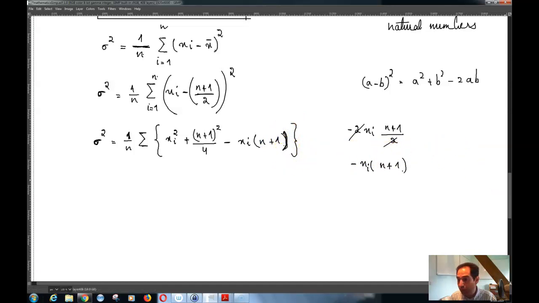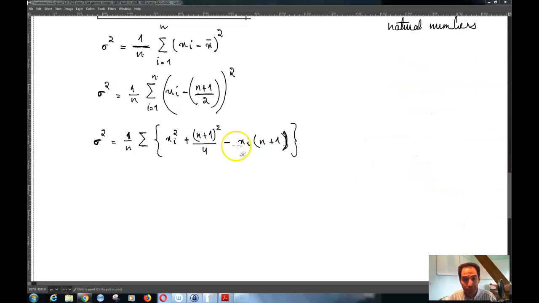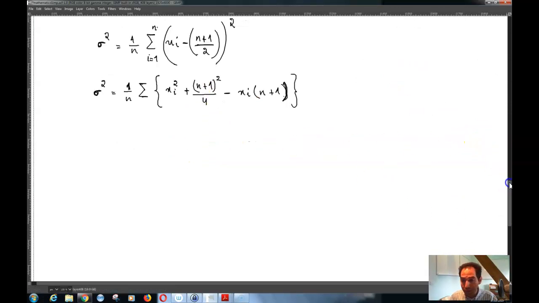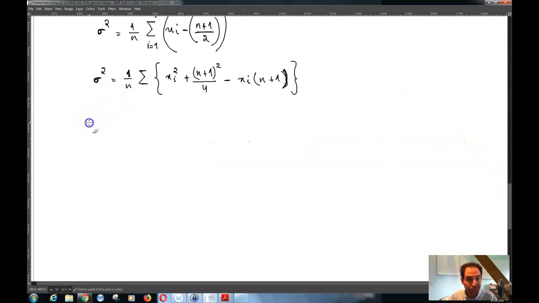And then what you have is basically this expression, which you can write as sigma squared is equal to 1 over n times sigma of x of i squared as i goes from 1 to n.